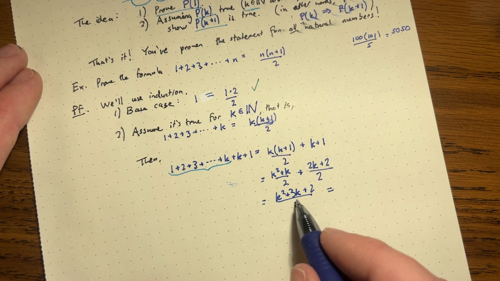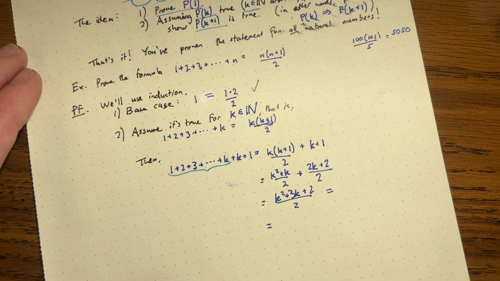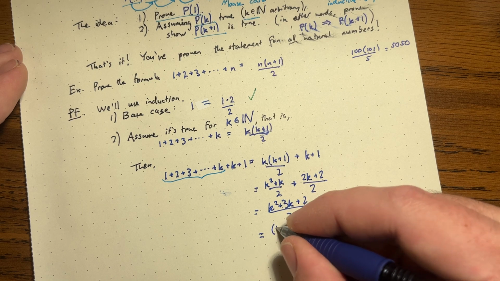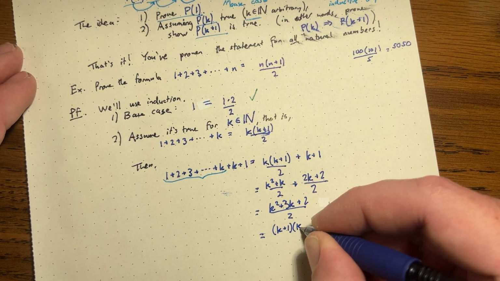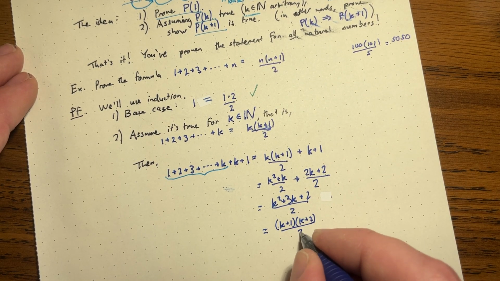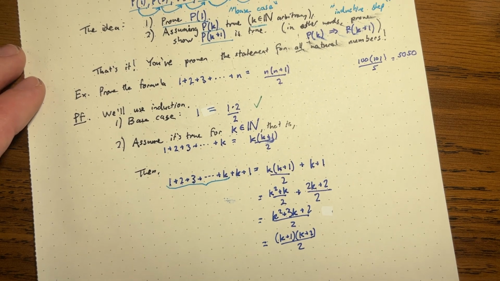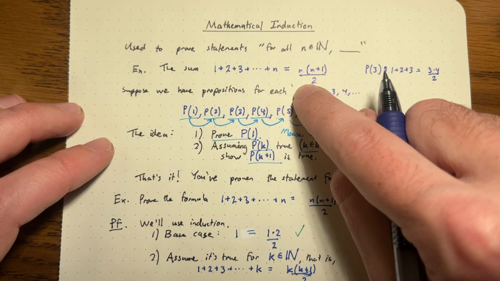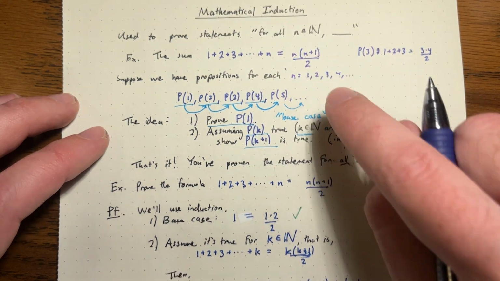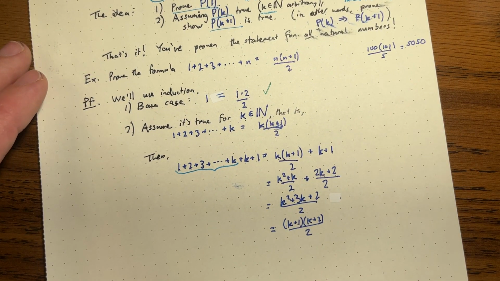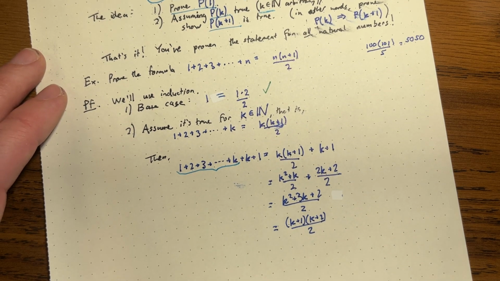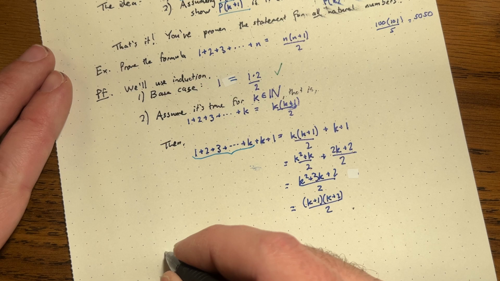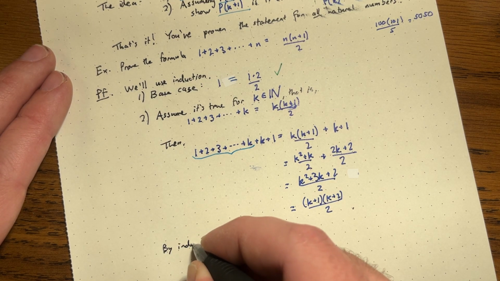But here, let me come down here actually. So this is k plus 1 times k plus 2. Right, that quadratic factors there. And we've done it because this is the formula for n equal to k plus 1. This is the formula. All right. So then we can say something like by induction, by the power of induction.